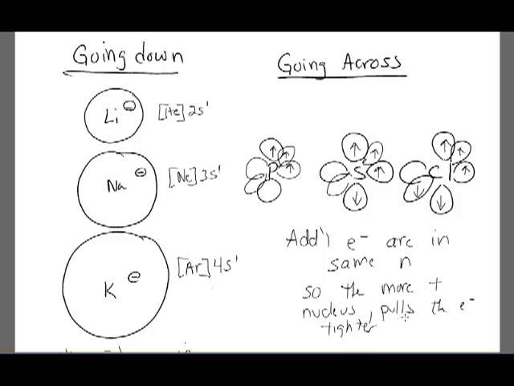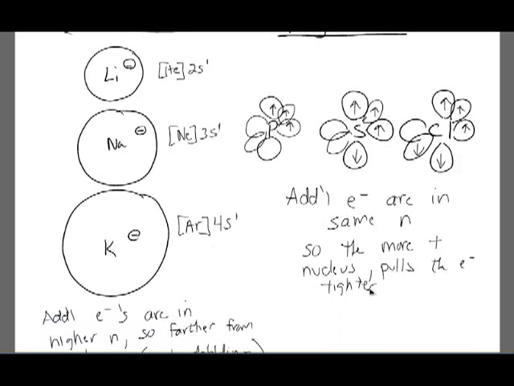And that creates a slightly smaller atom, so they're smaller going across. And this is because the shielding is not so great.